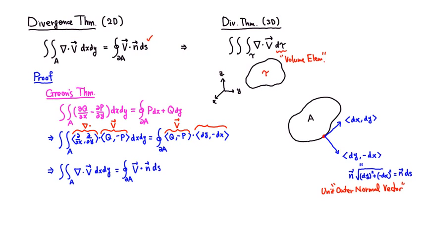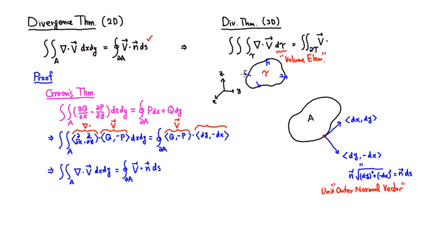This is the left-hand side, and the right-hand side is going to be, well, it was a line integral over the boundary, but if you have a solid, the boundary is going to be a surface. So this is going to be a surface integral over the boundary of tau. Then V is V. Then we can define the outer normal vector. You have a solid, and the outer normal vector is a vector perpendicular to the solid, pointing outward, with unit length.